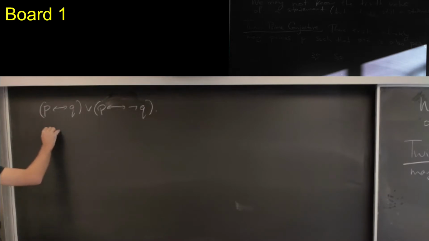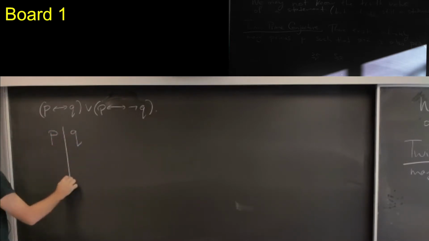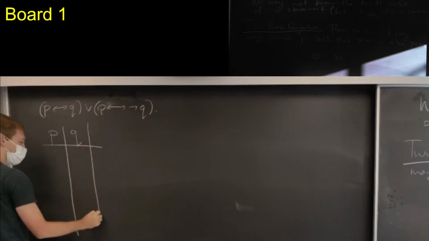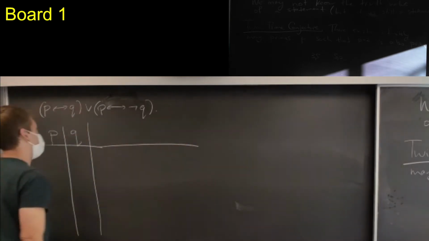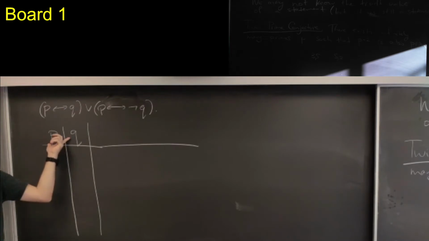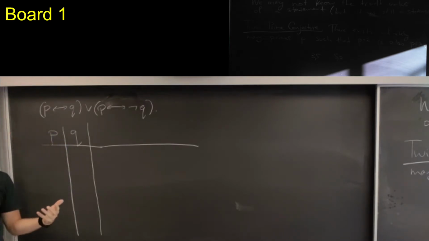So we start with our basic statements, P and Q. When you're doing this, to do it systematically, take your expression and obviously start with the simplest things, P and Q, and then build up to the next least complicated thing.